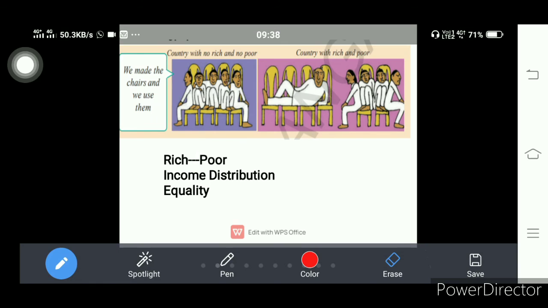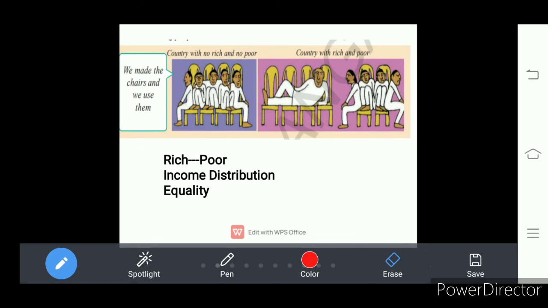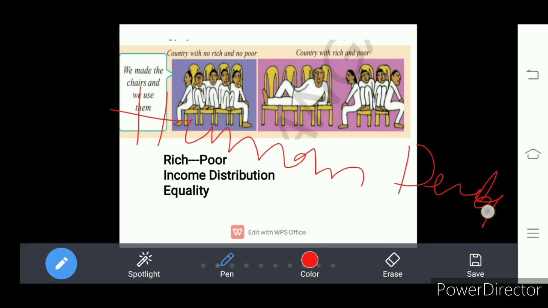So later we see a prefix, one word added to development, and it becomes human development. Human development. It is very important. Understand?